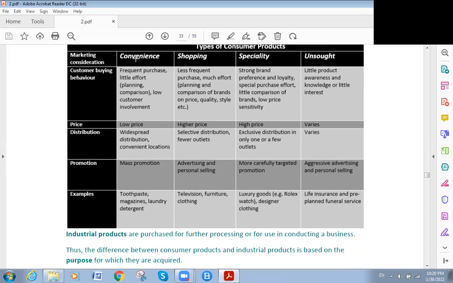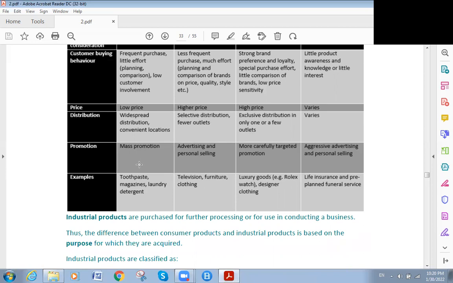So for the convenience, the price is always very low. It's widespread, with distribution everywhere because it uses indirect channels of distribution, in convenient locations. You will find it in convenience shops, in Metro, in Dollarama. So we call it very low price.